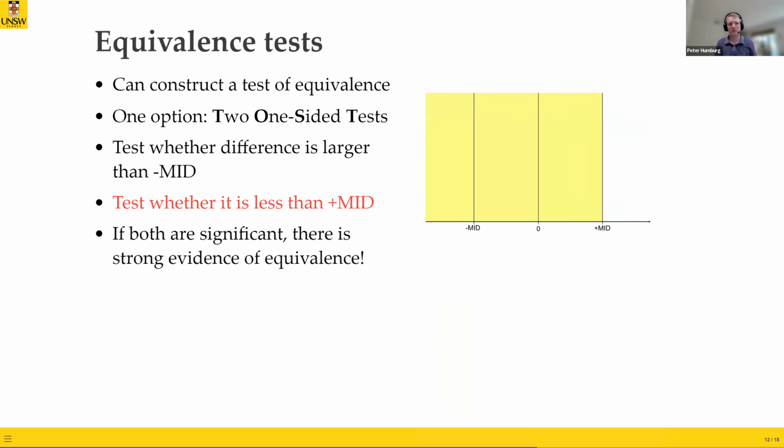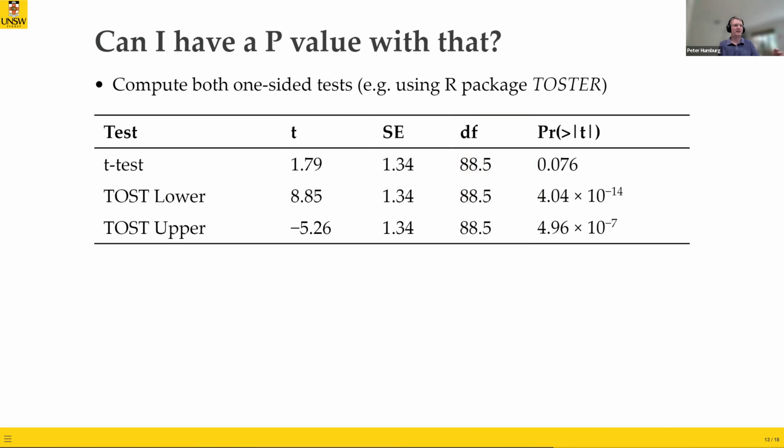You can tell Prism to do a one-sided test to test whether it's larger than the lower boundary, and then test whether it's smaller than the upper boundary, from which you then can assemble results like this. And so that works. You can do it manually. And depending on the software you use, you might be able to just essentially press a button, set an option, and get the output in one go.